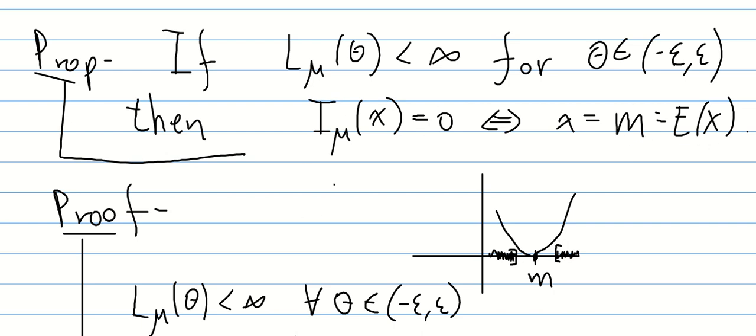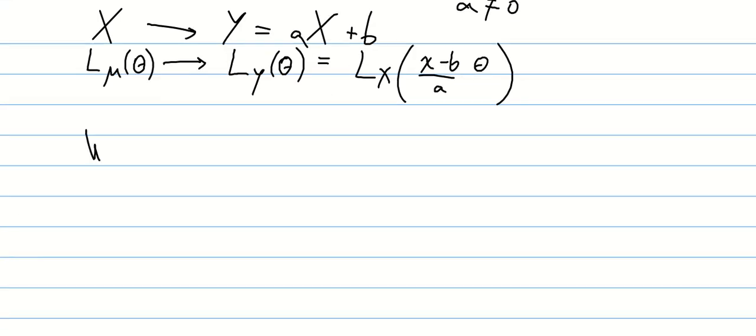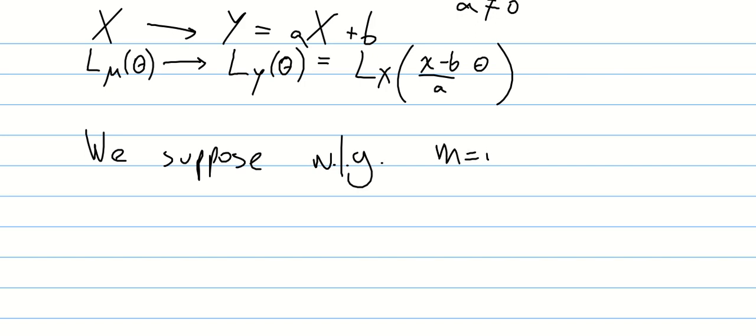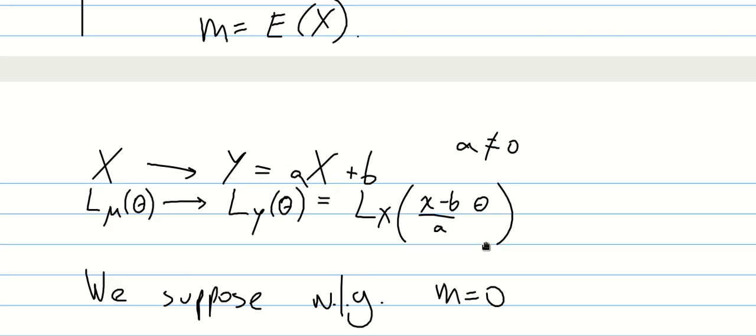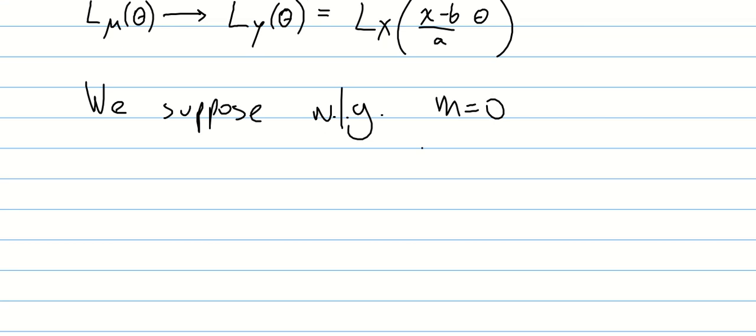So it's not difficult to see that we can assume without loss of generality that m equals 0. So all the transformations also translate to I, and you get this equivalence also after subtracting the expectation.